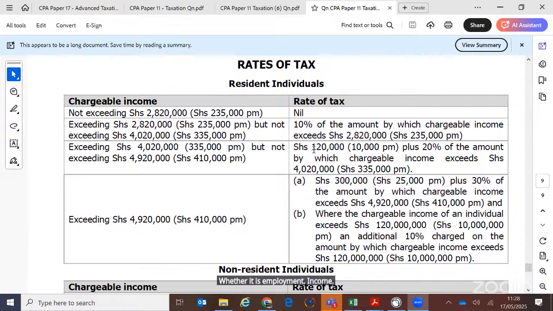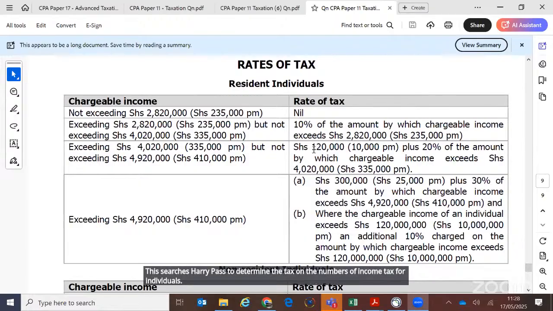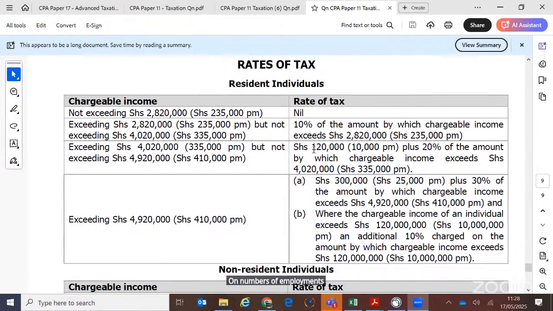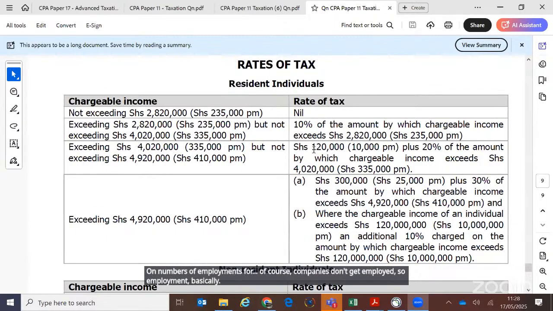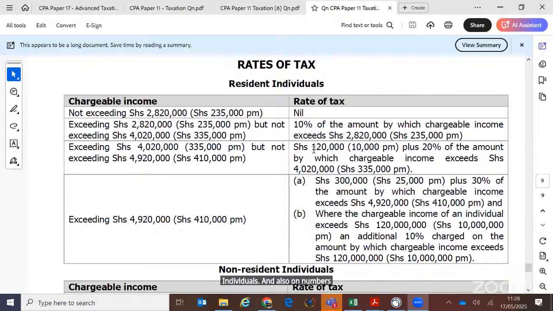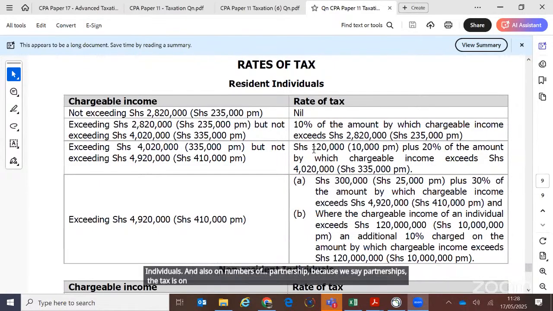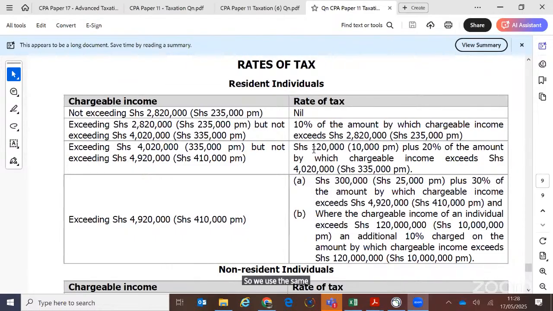I repeat, these schedules help us to determine tax on income tax for individuals, on employment for individuals. Of course, companies don't get employed, so employment is basically individuals. And also on partnership, because we say in partnerships, the tax is on individuals, not so? So we use the same rates.